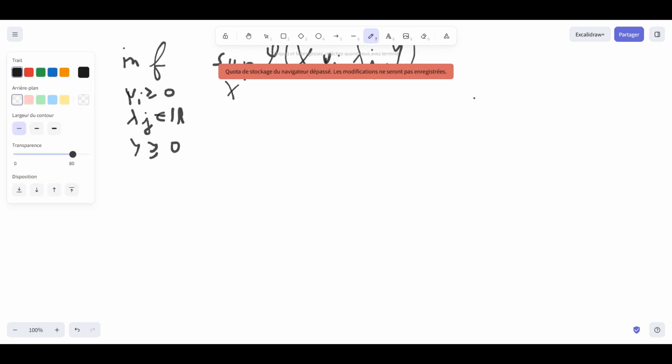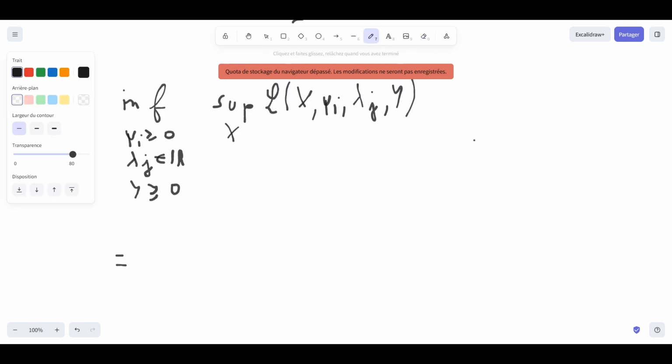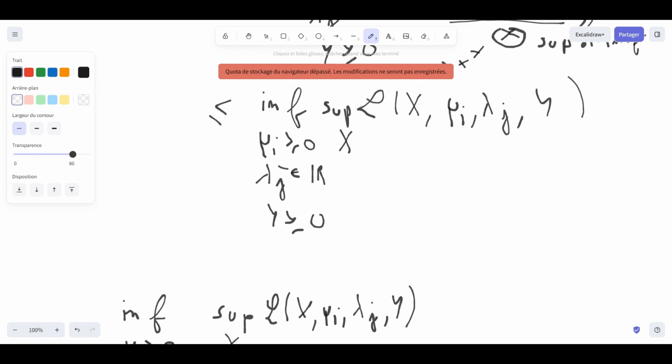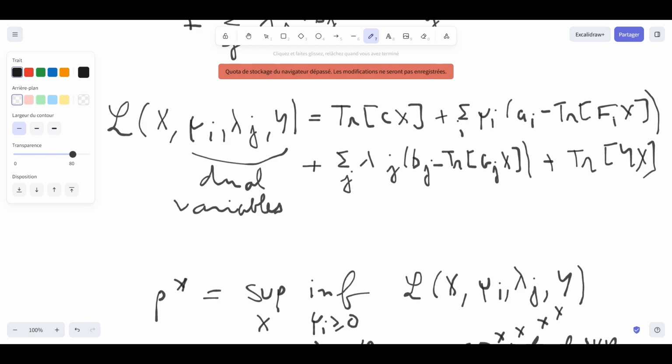So it's equal to inf over psi, phi i equal to 0, lambda j in R, y being semi-positive definite, of sup of x. And we just have to write this.